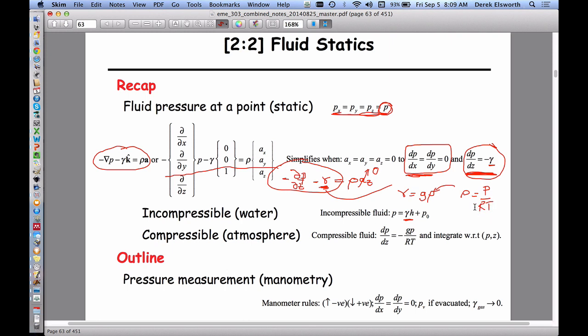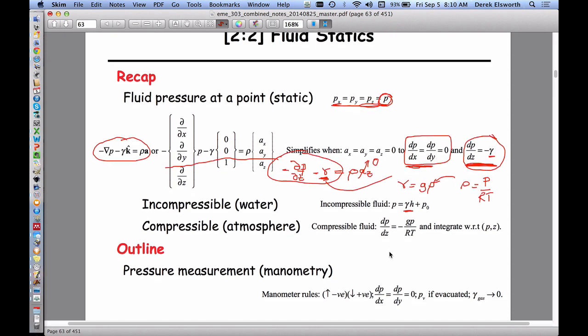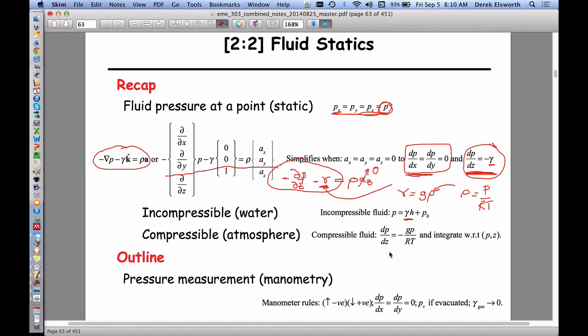R is the gas constant for that particular fluid, whatever the fluid is that we're talking about. T is temperature, and we can integrate it to get a change in pressure with elevation, and that's what we ended up with last time. And so that's what we'll begin with today also.